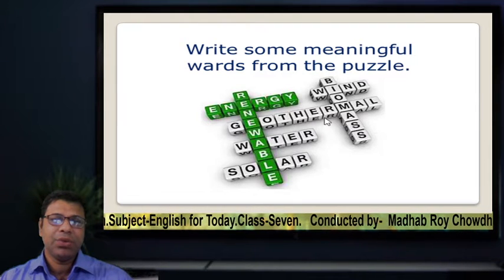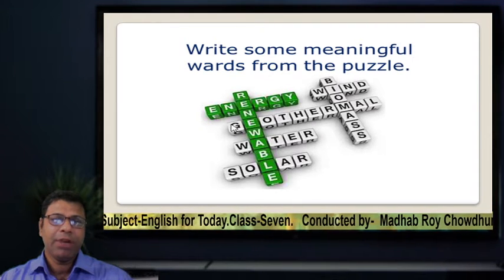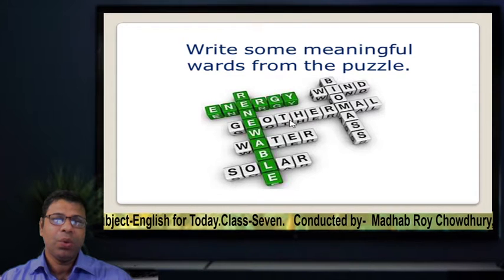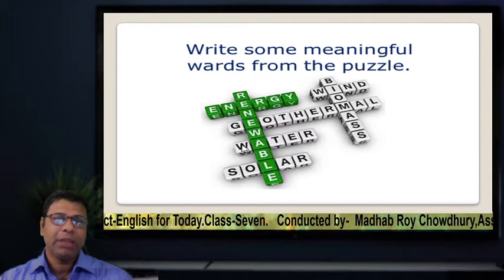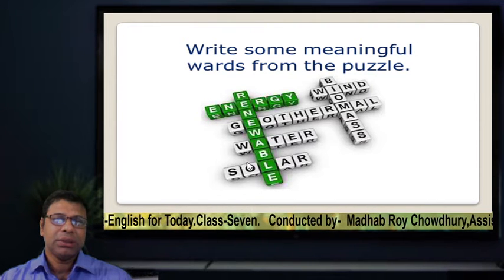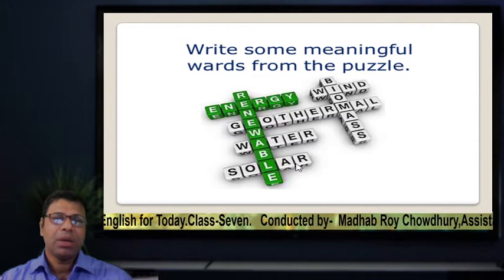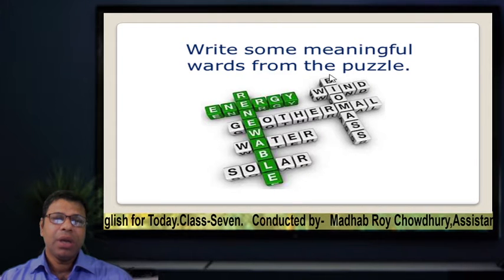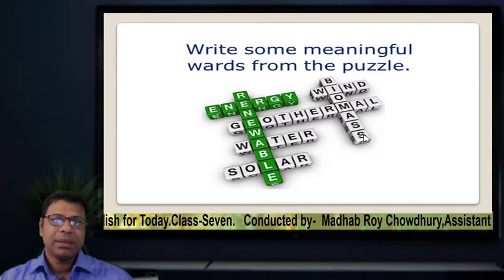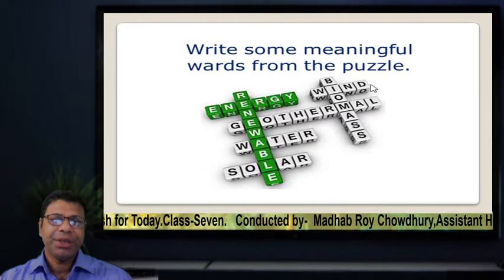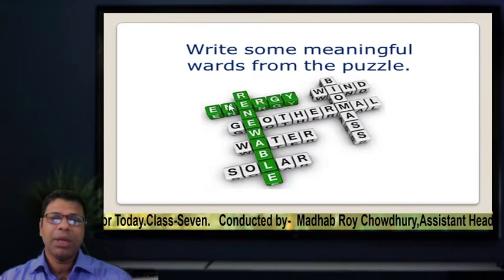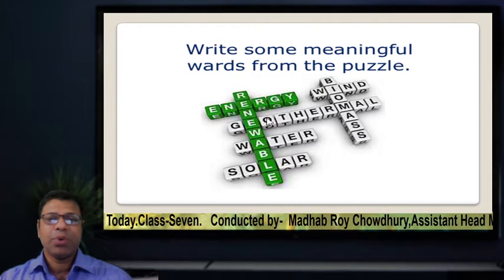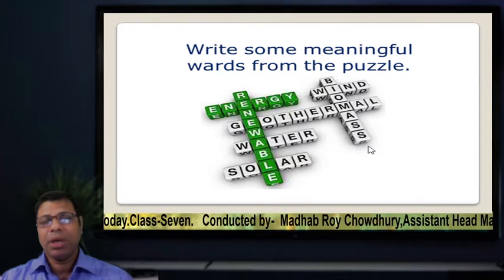And this is geothermal. If I read from this, G-E-O-T-H-E-R-M-A-L, geothermal. Then the next one, water. Then solar. Then biomass, wind, and I have told you earlier, geothermal. There are all types of words related to our energy.